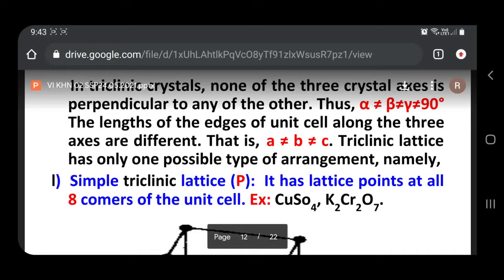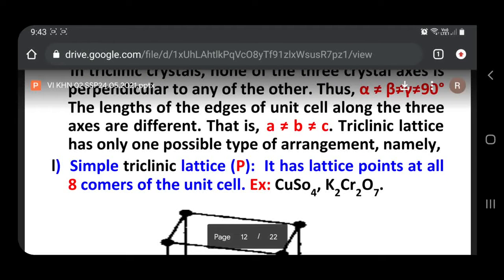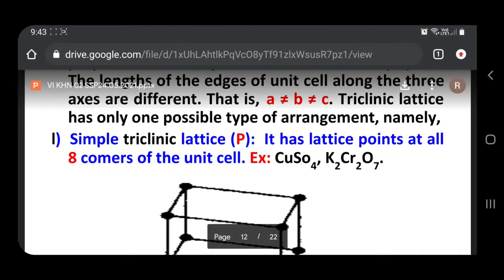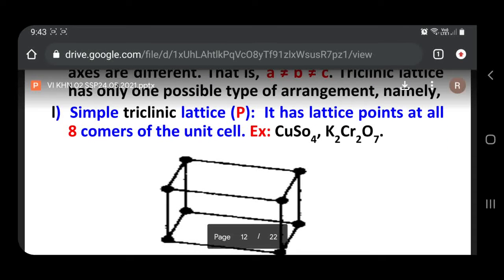So triclinic lattice has only one possible type of arrangement, and it is primitive cell simple triclinic lattice, represented as P lattice. It has lattice points only at 8 corners of the unit cell.